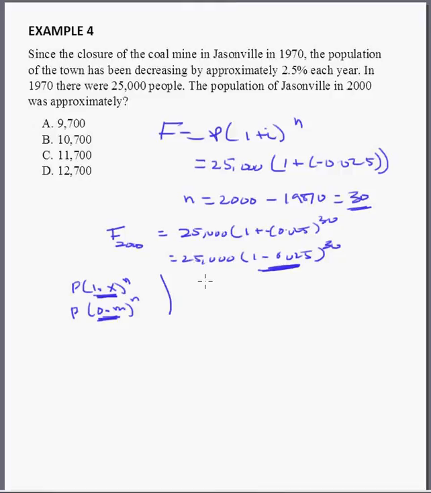So in our example here, our value will be 25,000 times 1 minus 0.025, which is 0.975, and you've got to be careful how you do your subtraction, and that is to the power 30.